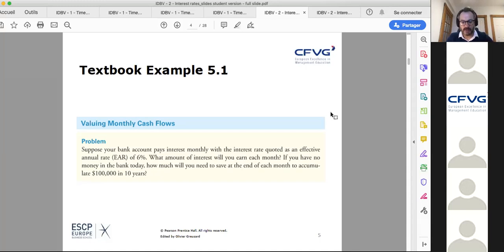So that's a future value in 10 years that you have to calculate, but you have to find C, which is every month. If it's every month, it also means that 10 years is 120 months. So firstly, calculate the monthly rate, and secondly, what is C in this situation?